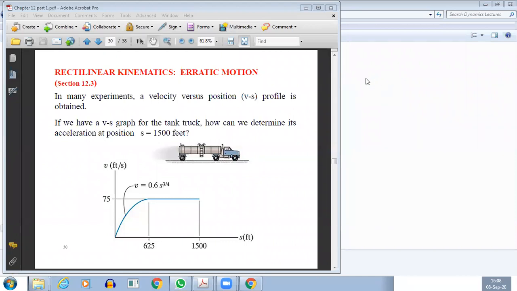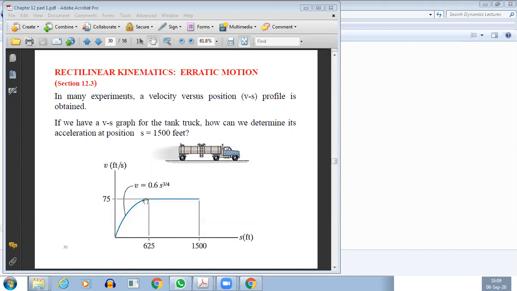Sometimes the complete motion cannot be represented by a single set of equations, so you need multiple equations from multiple stages of the motion. That kind of motion is known as erratic motion. For example, here this truck started from zero velocity, and its velocity kept increasing at a specific rate, so the velocity could be written as a function of distance.